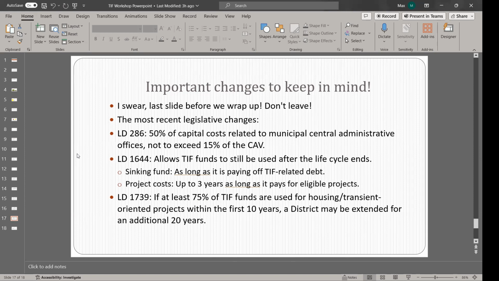So if the property value, and thus the taxes for that property, aren't going to go up, then you don't really gain too much from putting it in the TIF district. Now, with that said, you could still have it in there if there's a benefit for all the other project costs that I just mentioned.